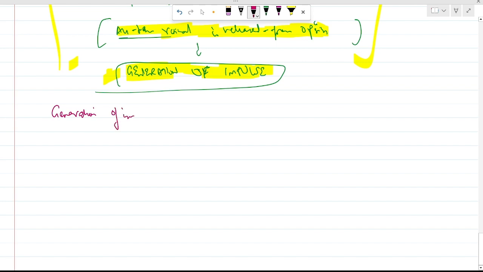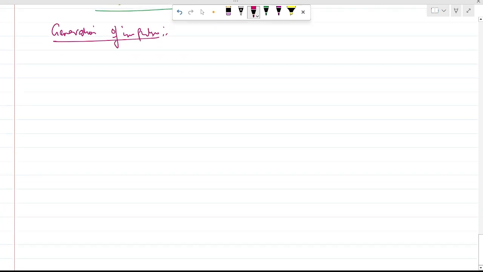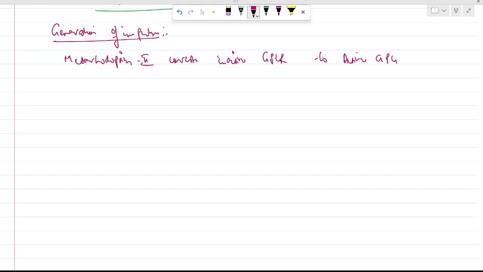Generation of impulse. Okay, what happens in this generation of impulse? This protein, meta-rhodopsin 2, converts inactive GPCR, G protein coupled receptors, to active GPCR.